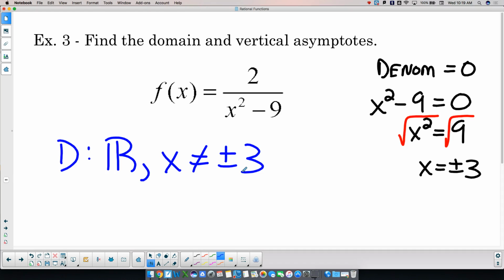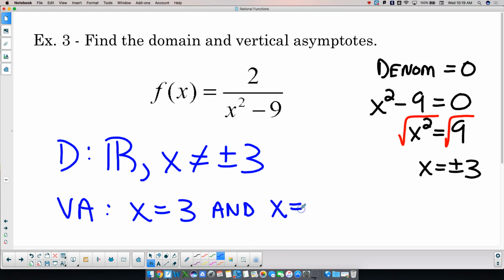Okay? My vertical asymptotes, however, need to be split up because they are 2 separate and distinct lines. In the domain, they can be combined with plus or minus, but when we're writing asymptotes, only one. Okay?